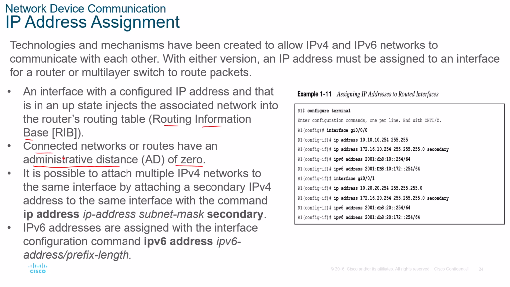It is possible to attach multiple IPv4 addresses using a secondary command, though again you have to be mindful of when you're doing this. The IPv6 addresses are assigned with the interface IPv6 address command, not the IPv4. So all of these are IPv4. Here's IPv6, IPv4, IPv6.